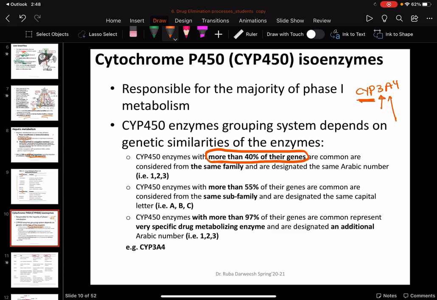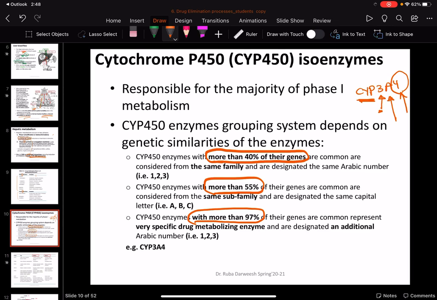That is what we call the family. The letter relates to the subfamily of the enzymes, in which more than 55% of their genes are common or similar. The last number is the more specific group, in which the enzymes have more than 97% similarity in the genes.